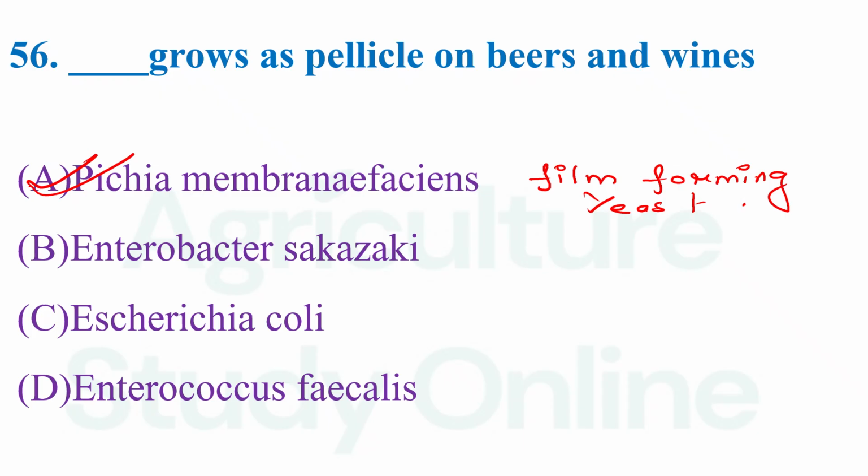It grows on the surface of alcoholic beverages like beers and wines. And it forms a pellicle, that is a thin film layer on the surface because of the oxygen availability at the surface, because of this aerobic metabolism. So correct option is A.